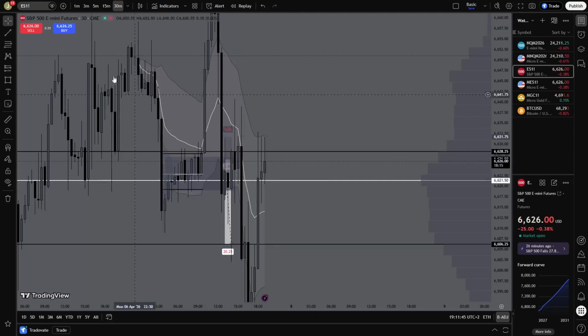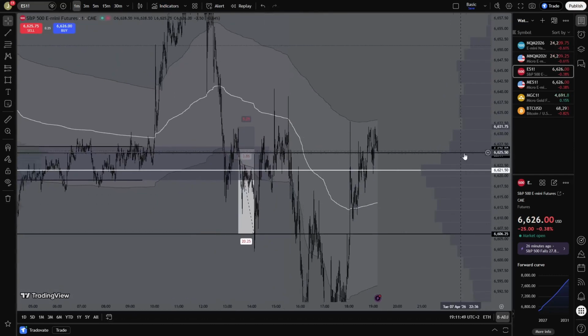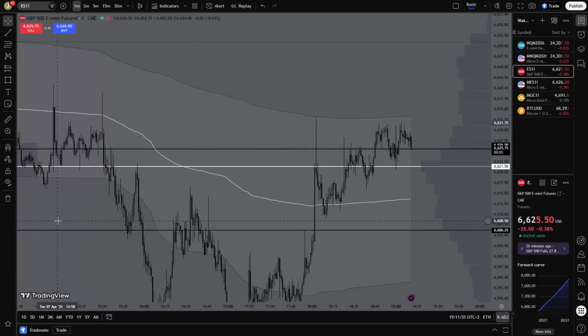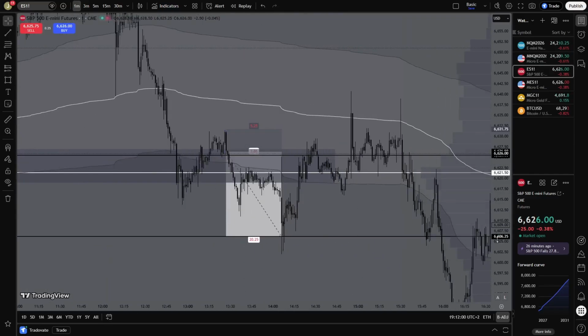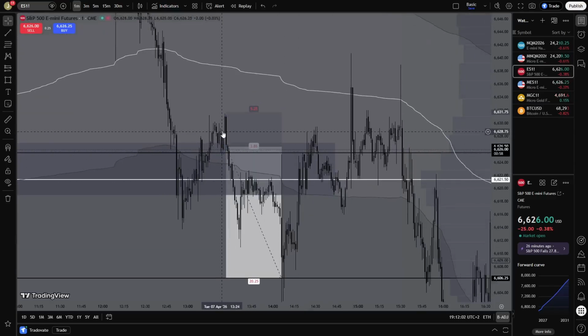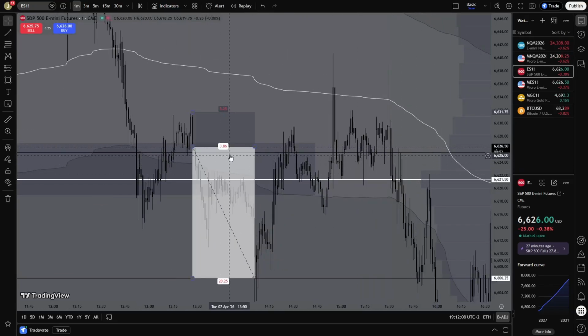Then I'll go into the 1 minute and see the weekly fair price. So this is it, value area. We are just coming out of it on the top, on the value area high, on the fair price I marked out, and on the weekly. So we agree on both of these.